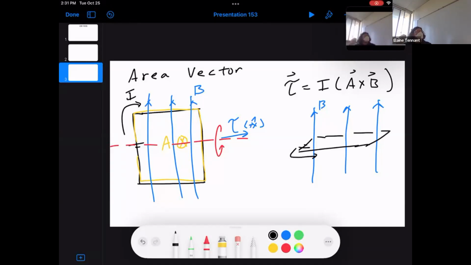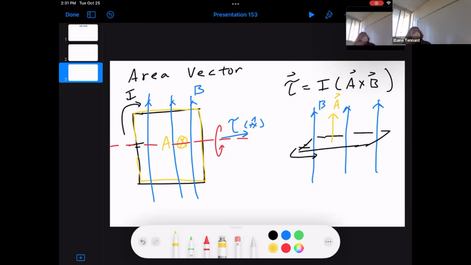Which way is my area vector going now? I have this box. The current's going around like this. Okay? It's going up, right? So you curl your fingers around like that, your thumb points up. My area vector goes like that, in the same direction as my magnetic field.